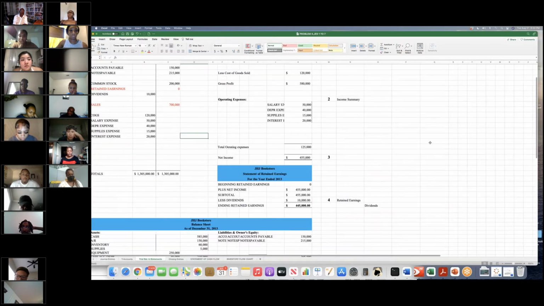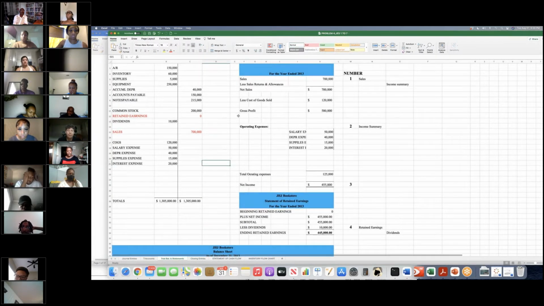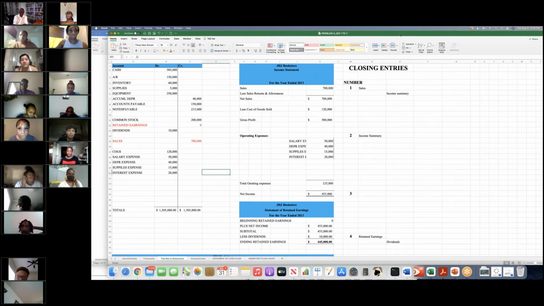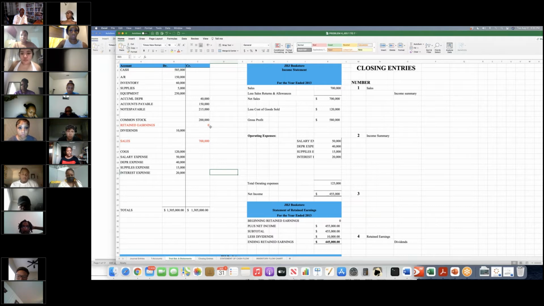Okay, we got one more task to do, and what's that? Closing entries. What are closing entries? Close all the temporary accounts into retained earnings. So retained earnings at this point is what? 0, until these closing entries are made.